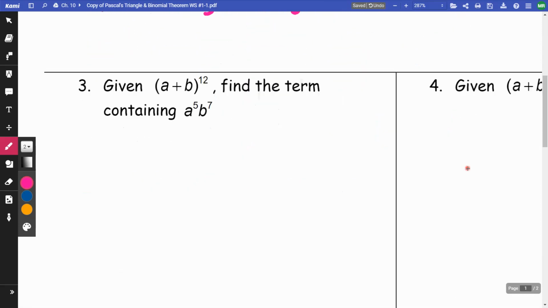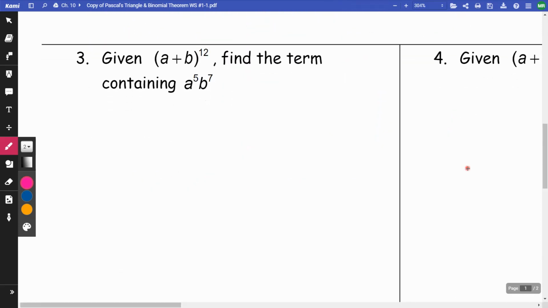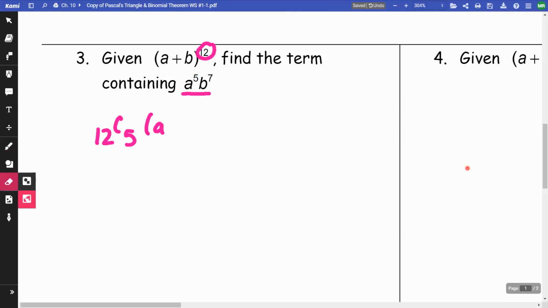On number 3, we're looking for a term with a to the 5th, b to the 7th, and this is a 12. So that's going to be 12 choose 5 times a to the 5th, b to the 7th.